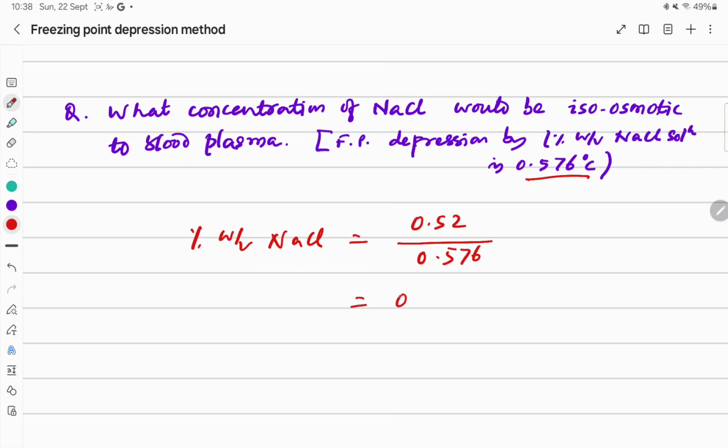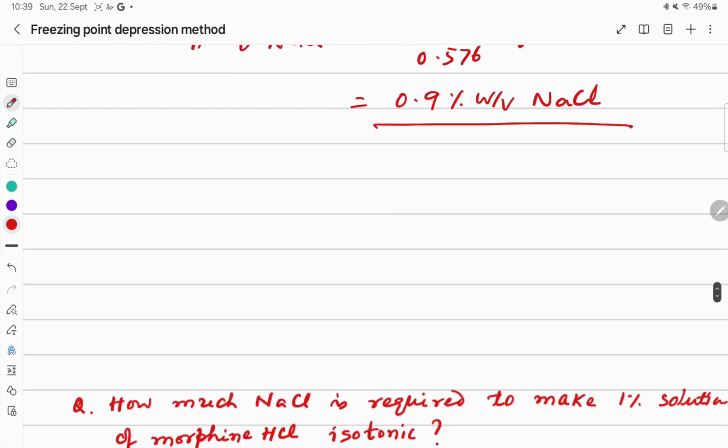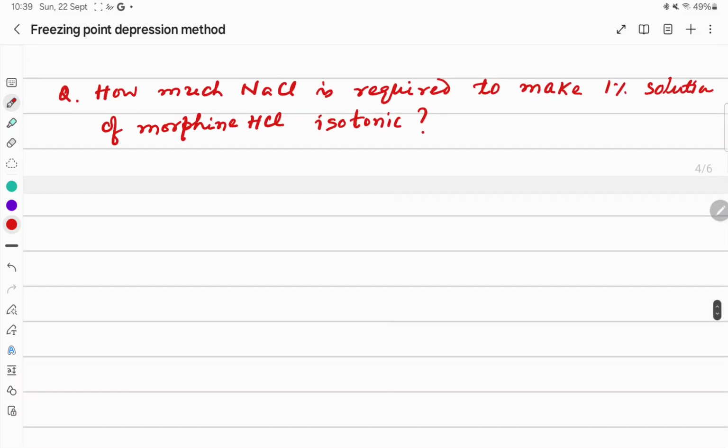So the answer is 0.9% weight by volume. So this 0.9% weight by volume sodium chloride solution is isotonic. So in this way you can calculate. So let us discuss another question.